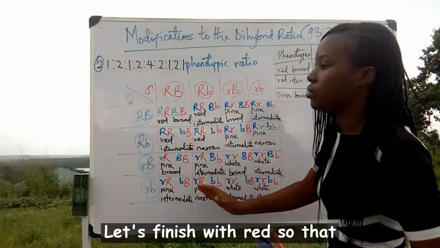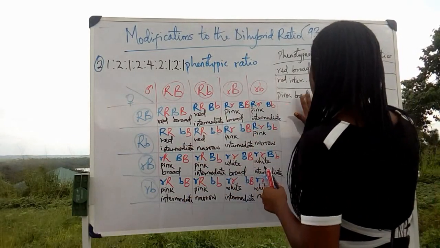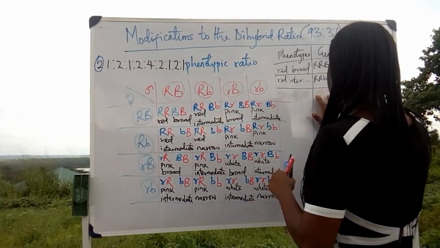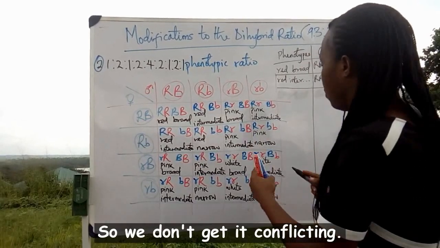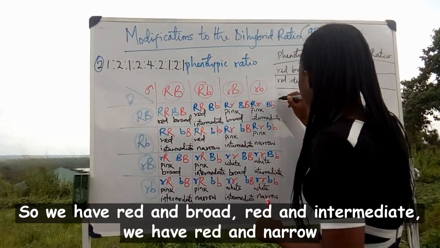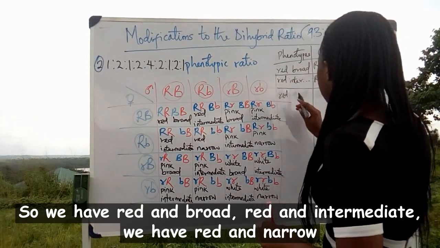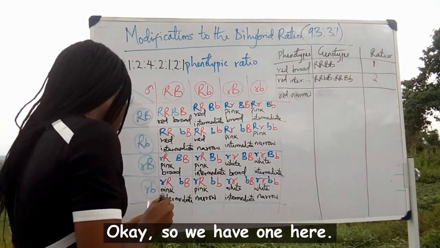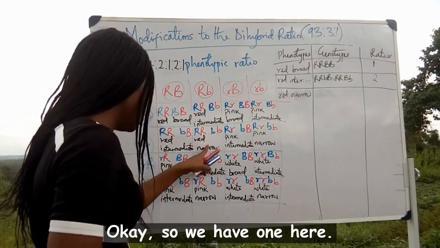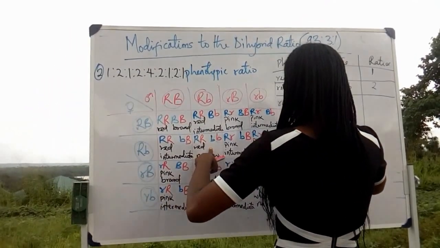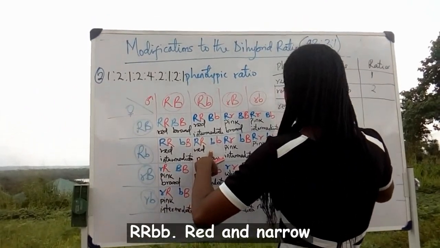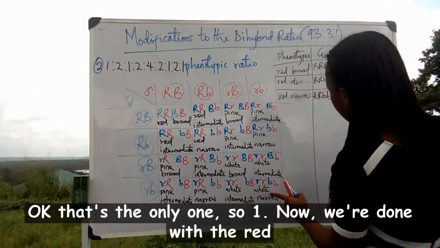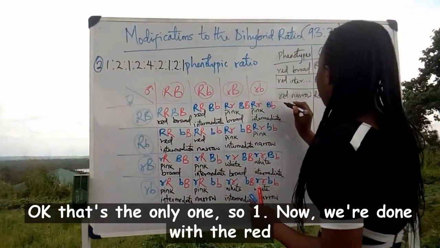Let's finish with red so that it will be easier for us, so we don't get it conflicting. So we have red and broad, red and intermediate. We have red and narrow. Okay, we have one here. Small b, red and narrow. Okay, that's the only one. So 1. Now we're done with the red.